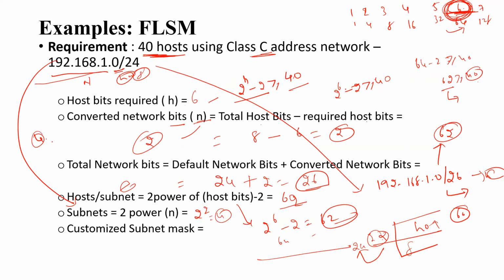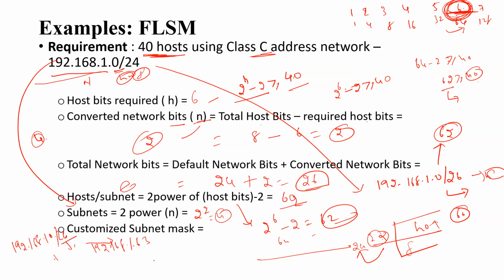Let me tell you here. 192.168.1.0/26. Again, plus 62 IP addresses, right? So it will come up to 192.168.1.63 in the case of this one.